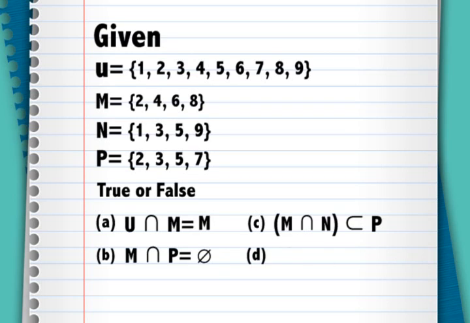Take another one, D. N union P is a subset of M. And lastly, when you answer these, then we're going to draw a Venn diagram to show these sets here.